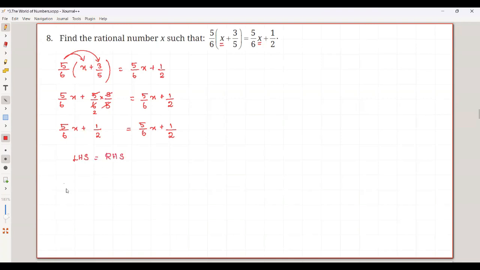Therefore, x can be any rational number. If you take 1, the equation will be satisfied. 2 also, both sides will be equal. 3, 4, 5, minus values also, both sides will satisfy the equation.